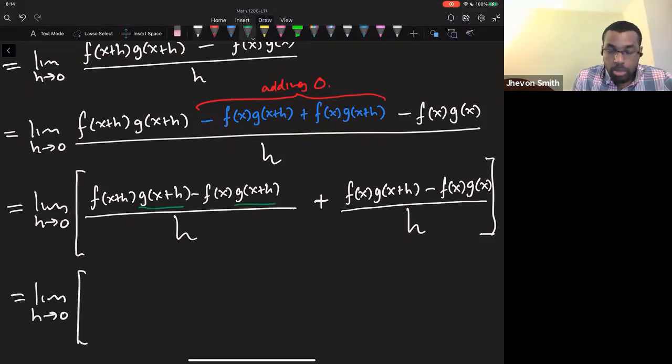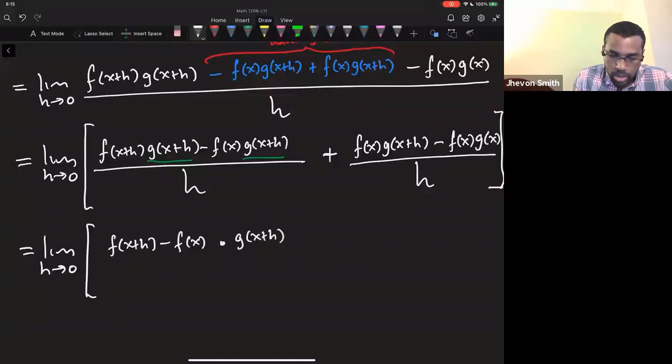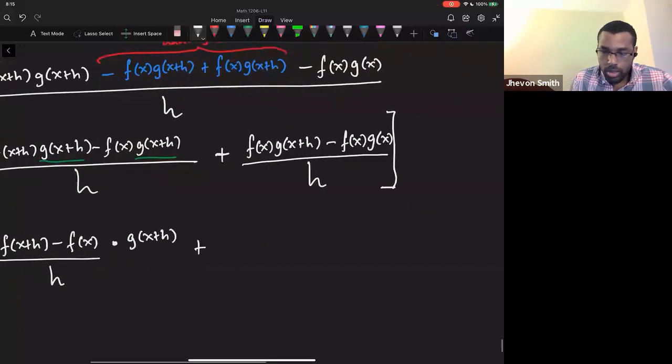G of x plus h is a common term in the first one. I'm going to factor that off to the right. It's not going to matter, but for aesthetic reasons. So what I will have left over is f of x plus h minus f of x, factoring off the g of x plus h, plus here, the f of x is a common factor. I'm going to factor that out.